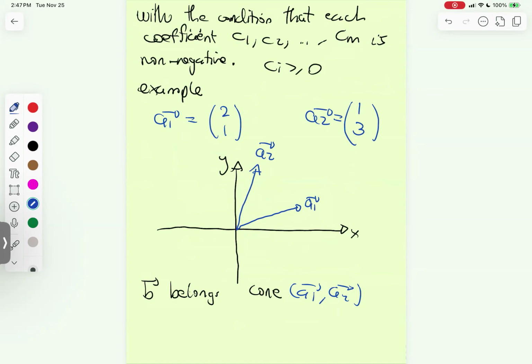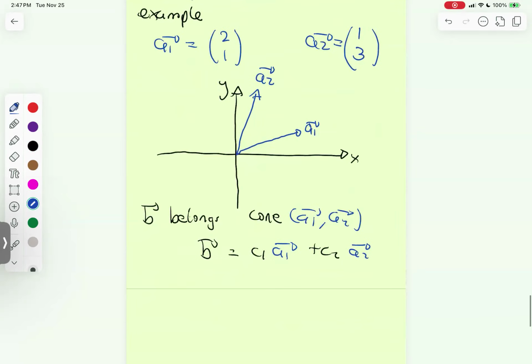So b is a linear combination of c1 A1 plus c2 A2. If you call the components b1, b2, it would be c1 times (2, 1) plus c2 times (1, 3).